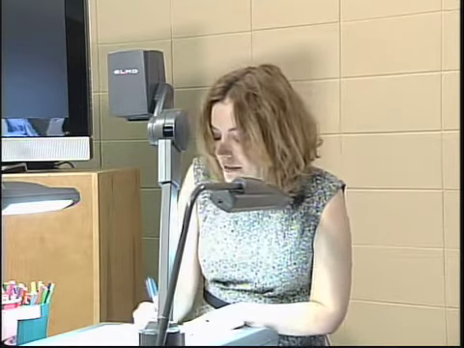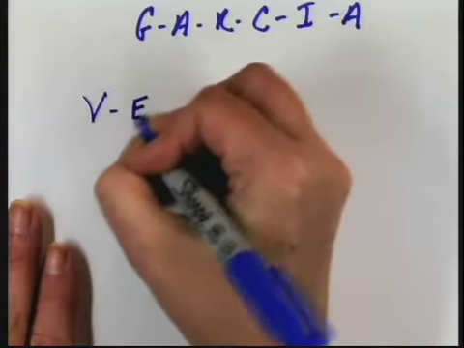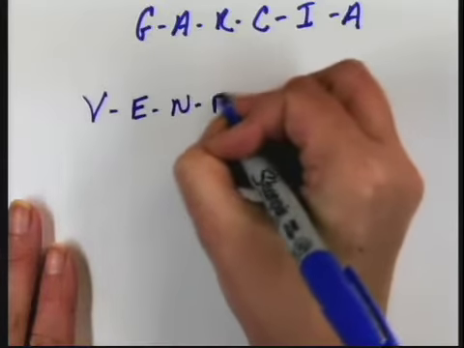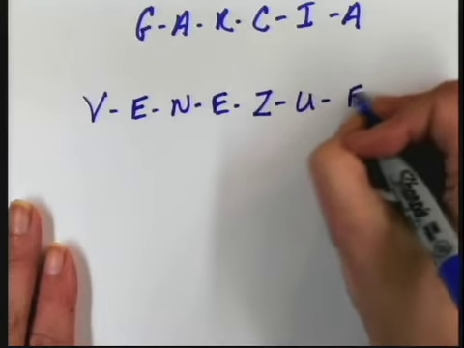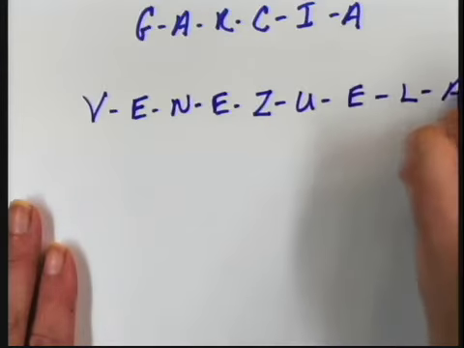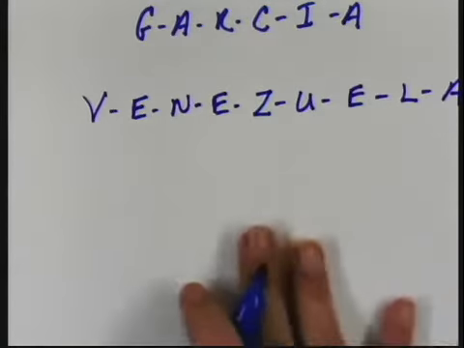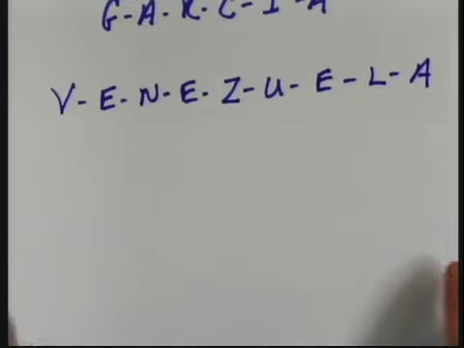V, E, N, E, Z, U, E, L, A. Did you guess which country it was? Let's spell it together. V, E, N, E, Z, U, E, L, A. Venezuela. Muy bien. Venezuela. Fantástico.